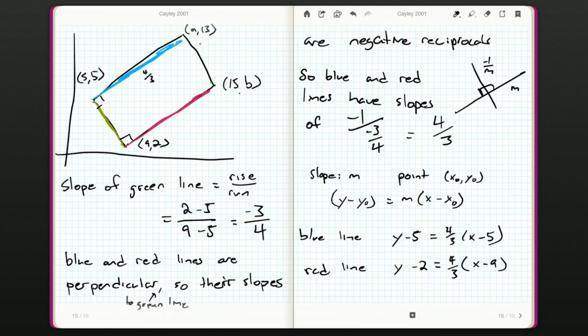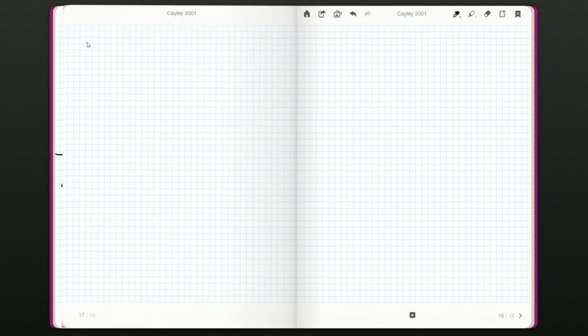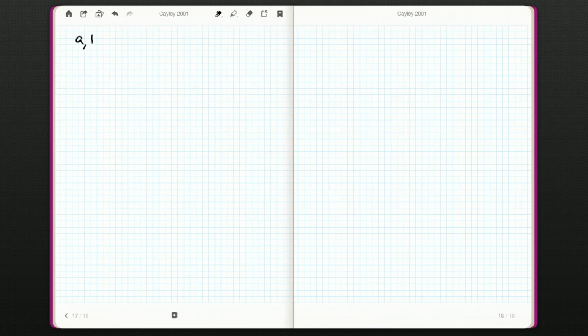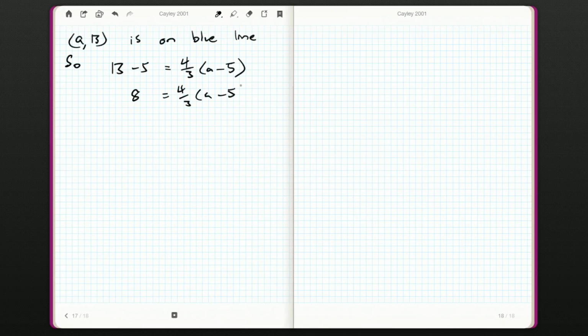Now, we know that A13 is also on the blue line. So that means 13 minus 5 is 4/3 times A minus 5. So 8 is 4/3 times A minus 5. And multiply by 3 on both sides, we get 24 is 4 times A minus 5.